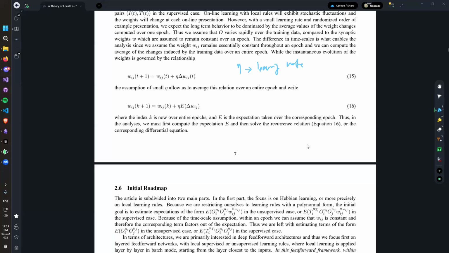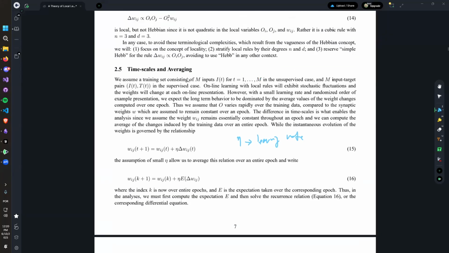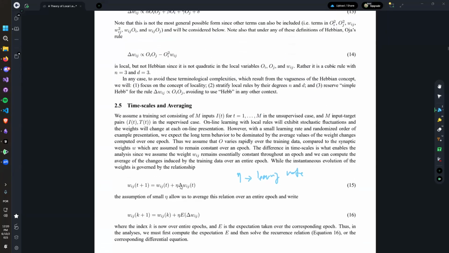All right, fine. But delta W has to be calculated by minimizing loss, and that loss is either defined locally, or... But this is the learning rule, right? No, that's not the rule yet. The rule is 14.